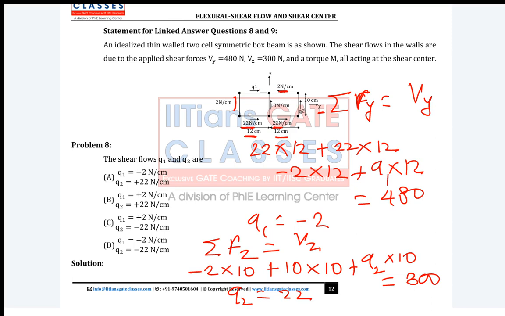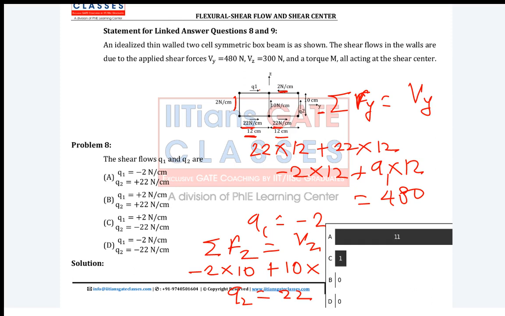What is the answer? Okay. So let's see the next question, question number 9.